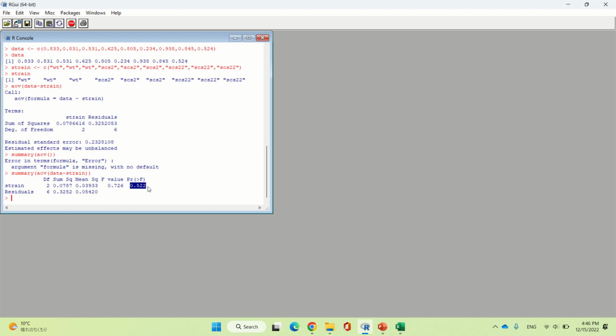And this shows the probability of the null hypothesis came 50%. So we assume that there is no difference between the data.